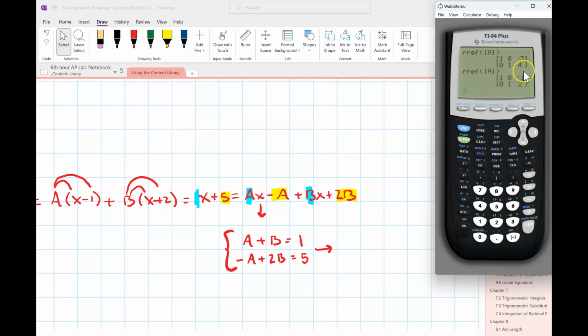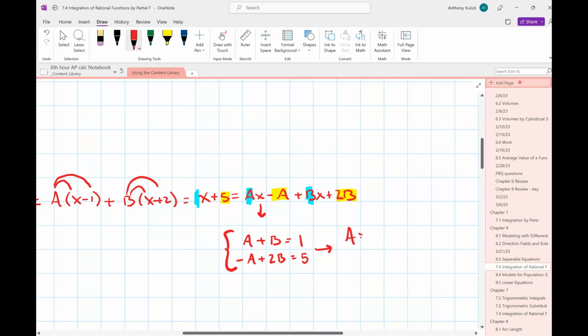And the last column gives me my solutions. So it says that I put my A's in column 1, so A is -1. I put my B's in column 2, so B is 2. So that tells me then my decomposition.